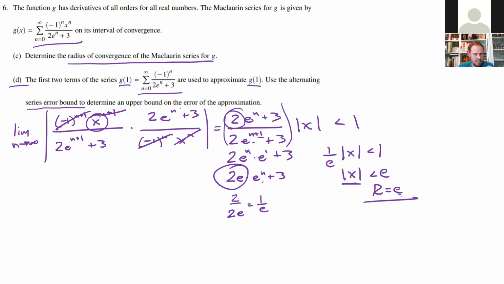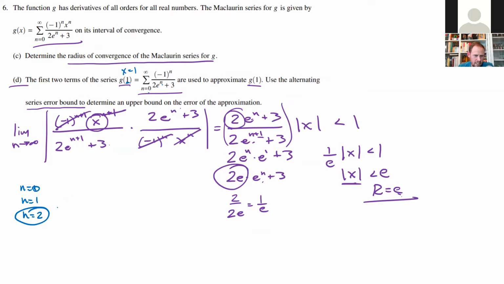So the alternating series error bound is just the next term. So the first term is n equals 0. The next term is n equals 1. So the term that we're on now is n equals 2. That's the next term. And we just take the absolute value of that. So we're going to plug in 2 for n and 1 for x.